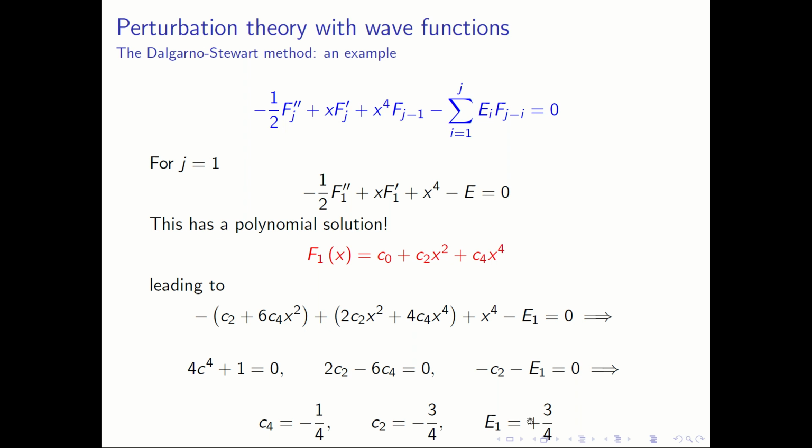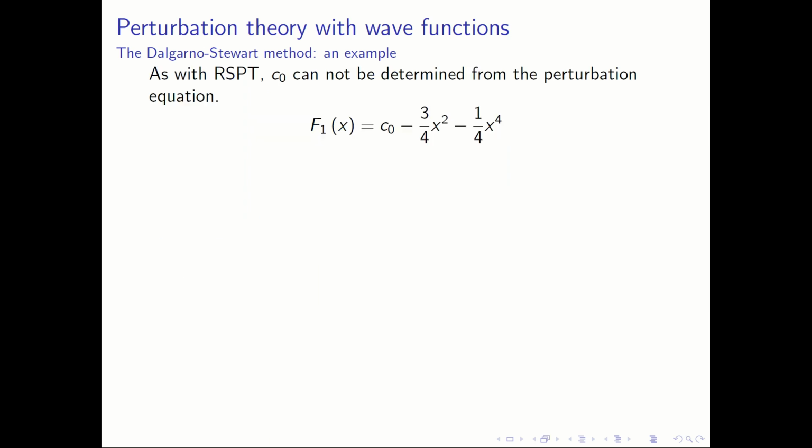So you're done. That is, the first order correction is done. Not only has the first order correction of energy e1 been found out, you have also found out f1(x), except for one thing. As with the Rayleigh-Schrodinger perturbation theory, c0, the part of the first order correction which is in the direction of the unperturbed wave function, cannot be determined from the perturbation equation.